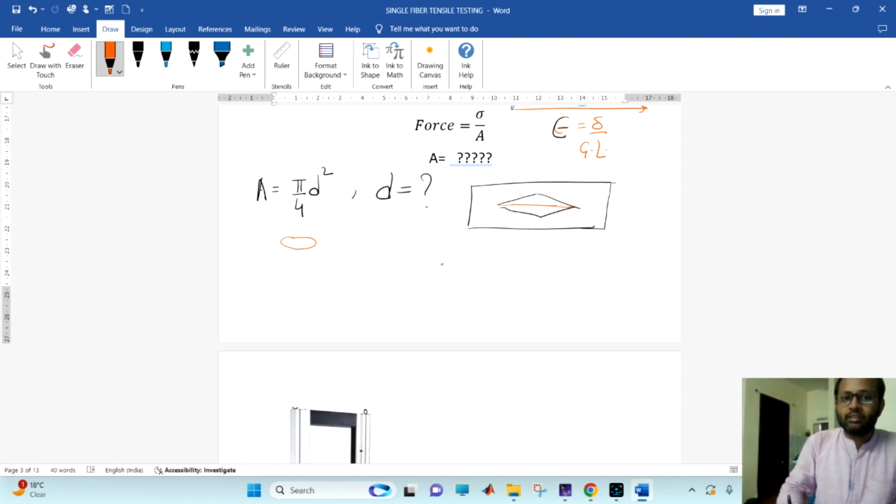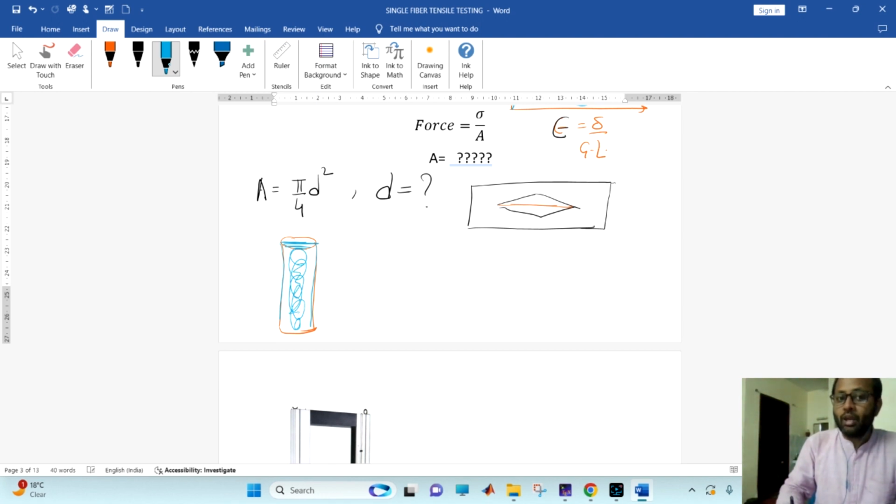Okay, now what is the important thing while calculating the diameter in the microscope? This fiber is not in plane, and the microscope generally sees the dimension in the plane. So you will see this plane, then this plane, then this plane. When you see this plane, you will be able to see the outer layers easily, but at the same time your middle surface will be blurred.